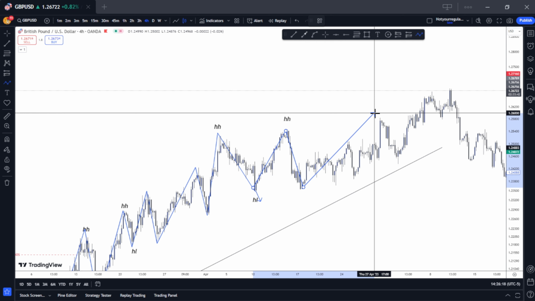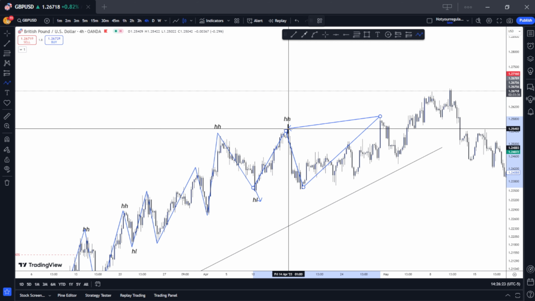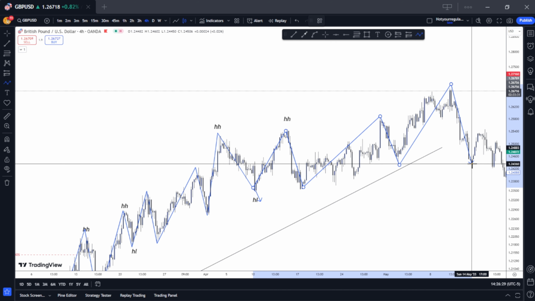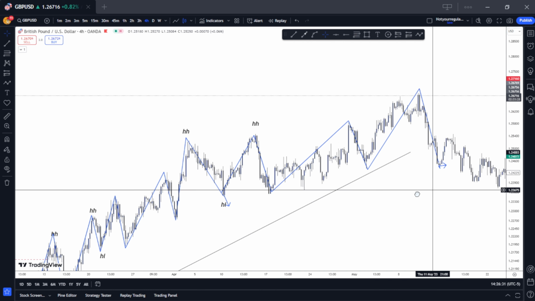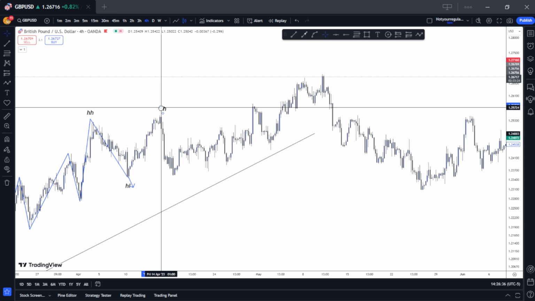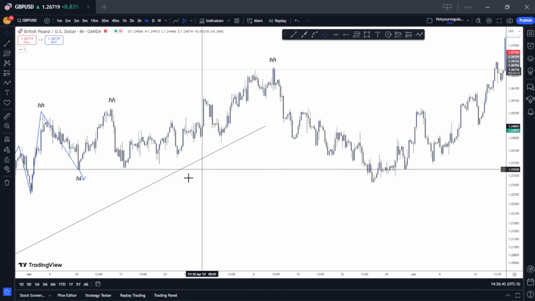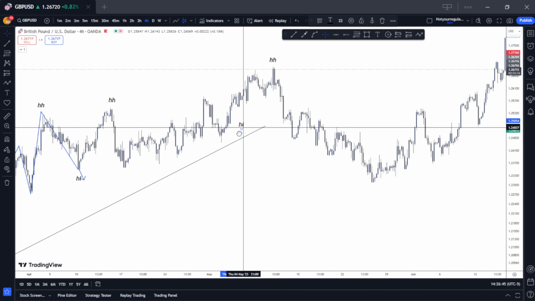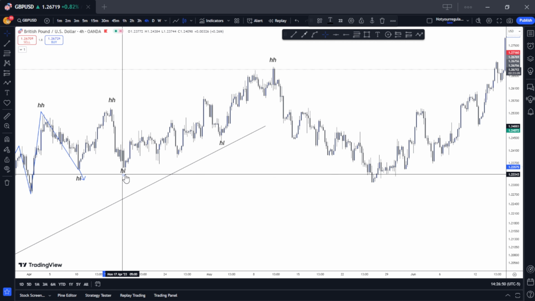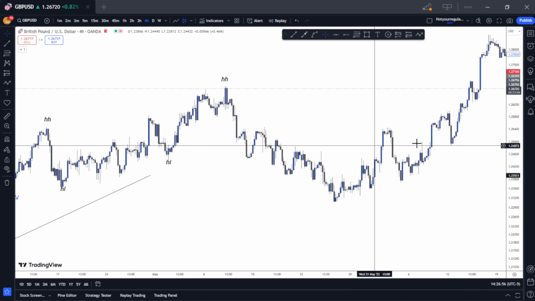Higher high, higher low, higher high, because it broke this structure. Then higher low, higher high. Then right here was the last higher high, and right here was the last higher low. This is also a higher low here too. Right here was the last higher low.